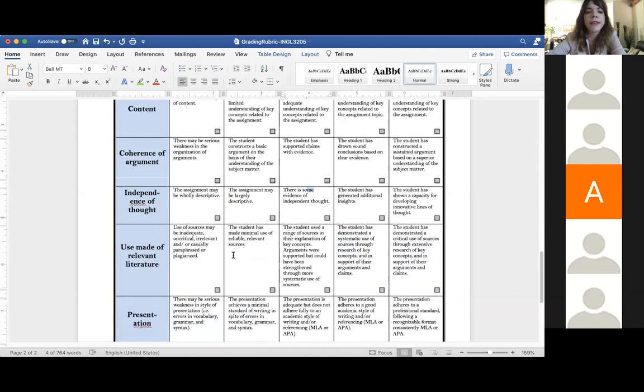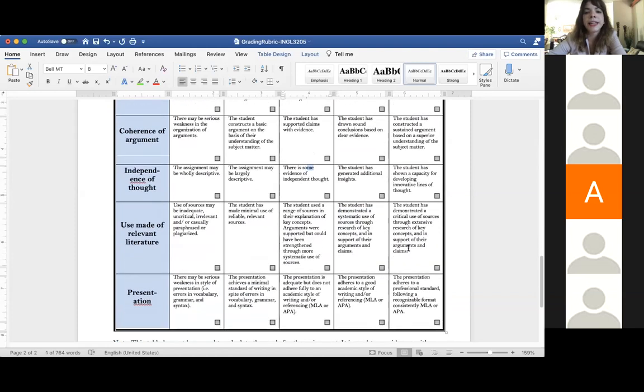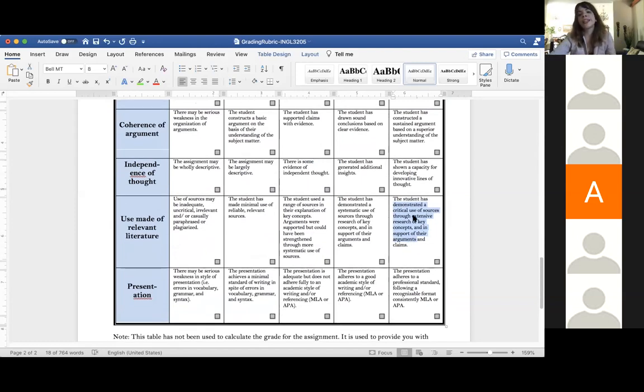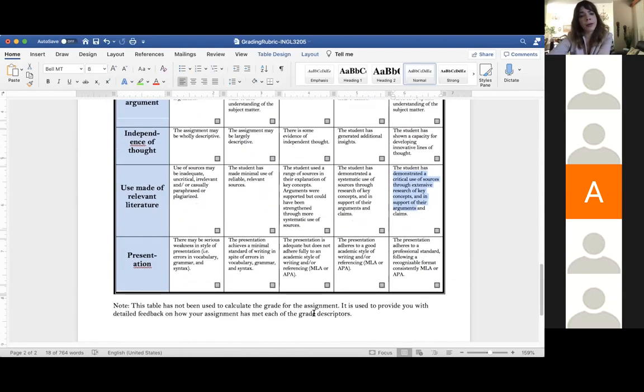Made use of relevant literature. I'm not too picky about this. If you just use the film and some of the handouts, maybe you explore some university websites or articles, that would be nice, but the film and the handouts are okay as well. Just make sure that when you are citing the film or a material, you follow a formatting guide, so MLA or APA, which we're gonna talk about on Wednesday.